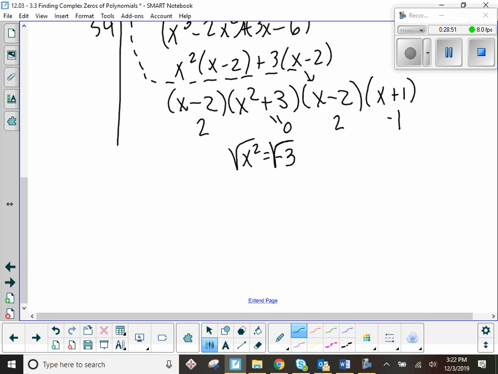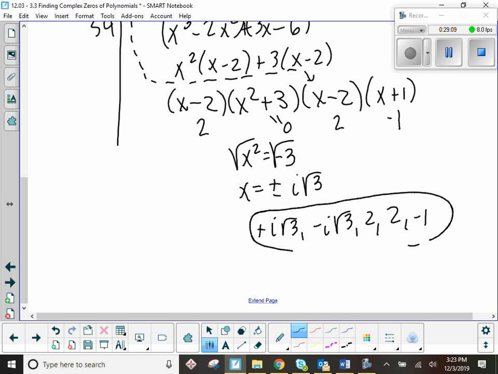When you square root both sides, not only is it plus or minus, how do you handle the square root of a negative? I comes out front. So you have plus i rad 3, negative i rad 3, 2 2's, and a -1. That is 5 zeros.